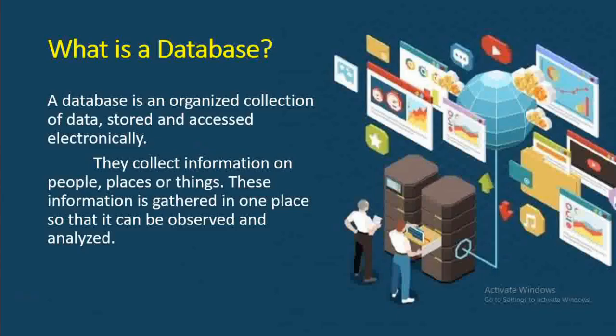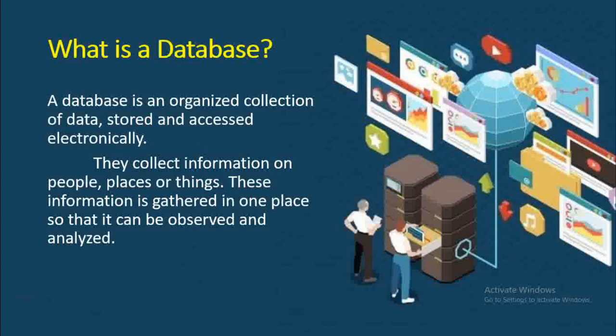Then, what is a database? A database is an organized collection of data stored and accessed electronically. They collect information on people, places, or things. This information is gathered in one place so that it can be observed and analyzed.